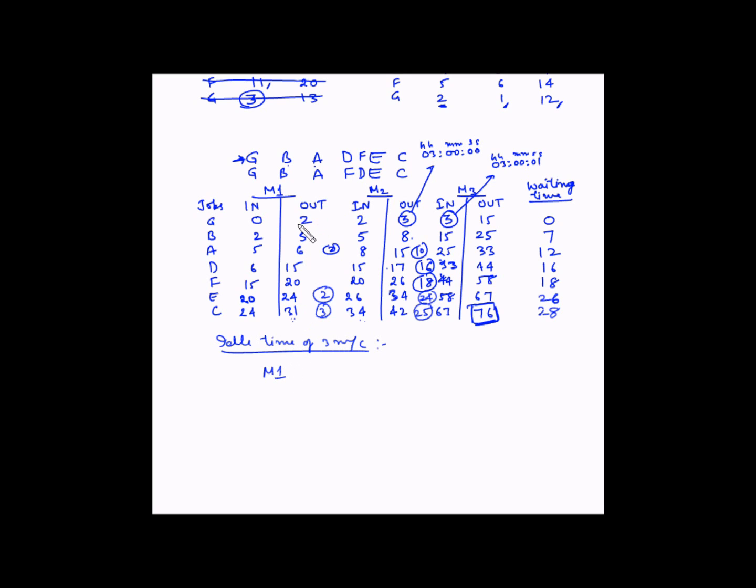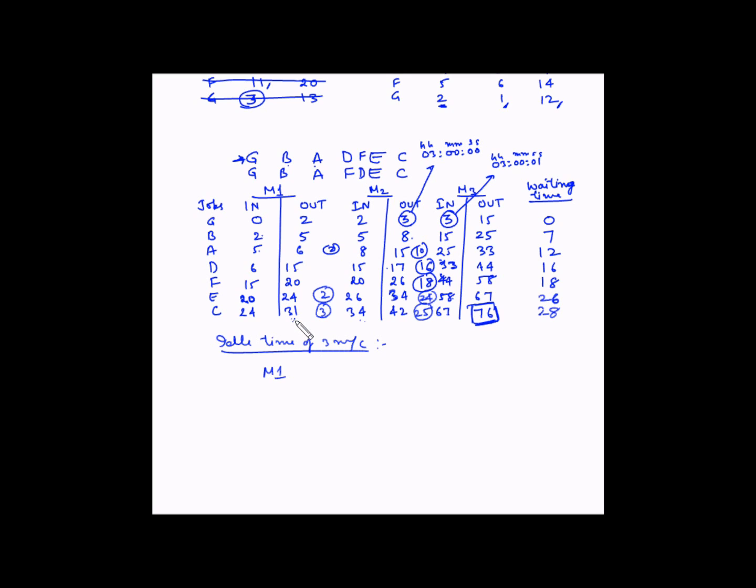Now let's see if M1 has any idle time starting from the 0th hour going to the 76th hour. So 0, 2, 2, and then again it starts B on the 2nd hour, finishes 5, 5, and then again starts A on the 5th hour, 6, 6, 15, 15, 20, 20, 24, 24, and then 31.